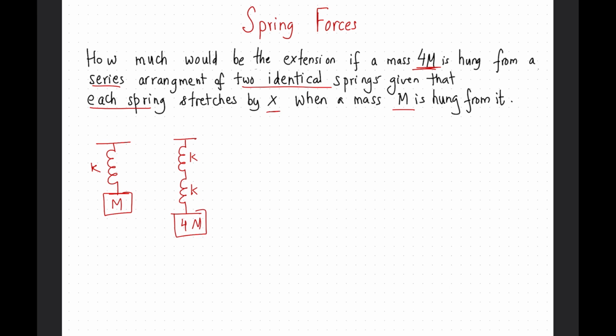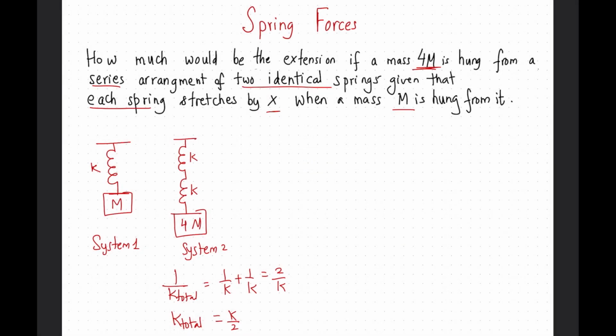So again, let's call this system 1, and let's call this system 2. For system 1, we know what the spring constant is. For system 2, 1 over k total equal 1 over k plus 1 over k because it's in series, which is 2 over k. So the k total for this system, which is in series, will be k over 2.